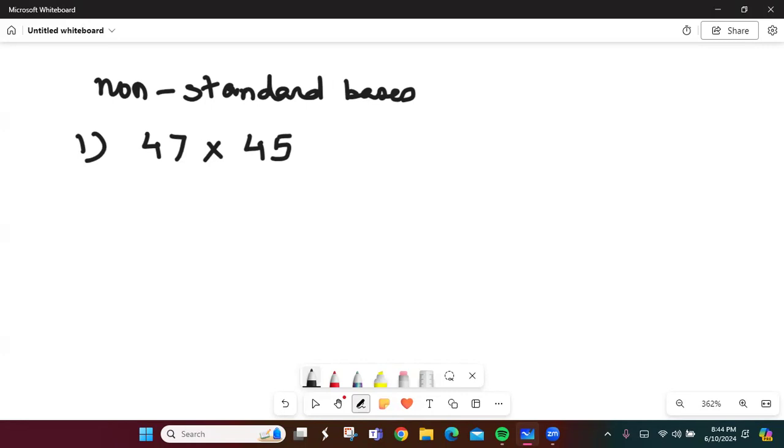Now since 47 and 45 both are two-digit numbers, I will take the standard base as 10. But taking standard base as 10, if I do these calculations, the calculations will be a bit difficult because the difference between the base 10 and these numbers is comparatively too high.